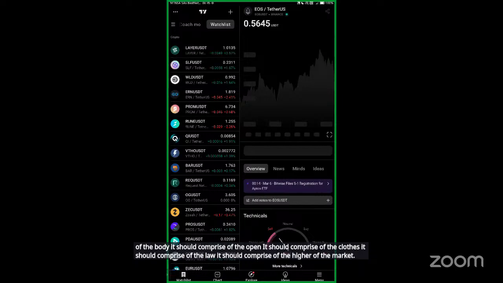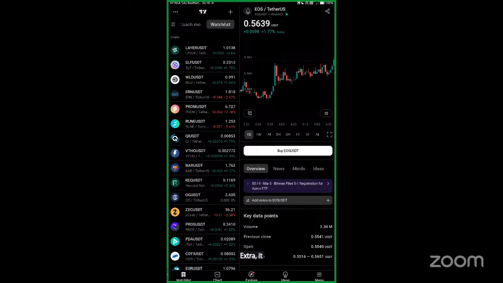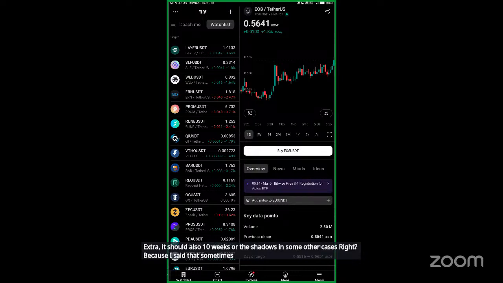Extra, it should also have the wicks or the shadows in some cases, because sometimes you may have a candle that has no shadows.